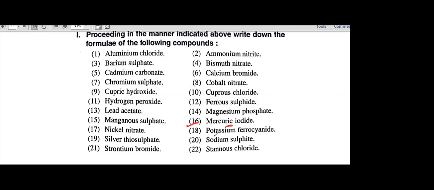When you talk about mercuric, if you see the table in the textbook, what is the formula of mercury? Hg. What about mercuric? Tell me.